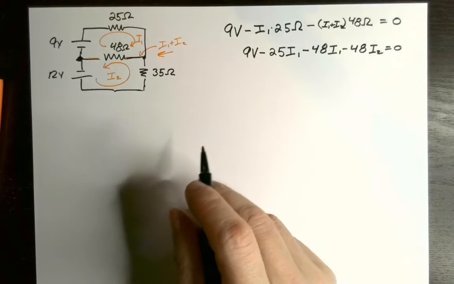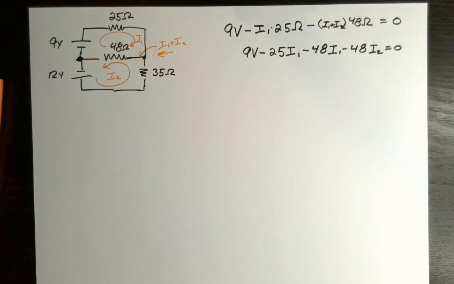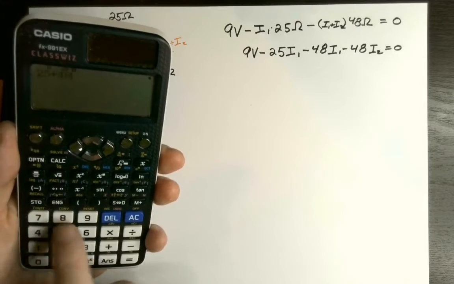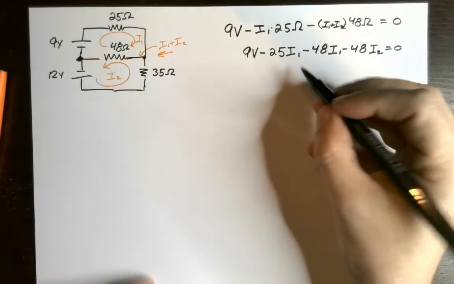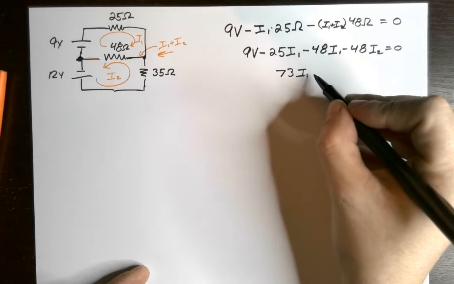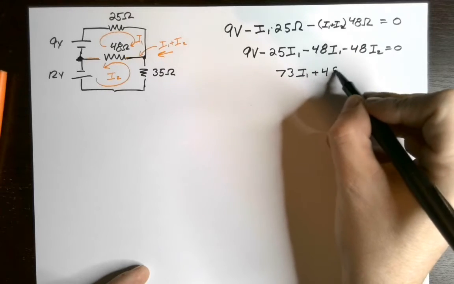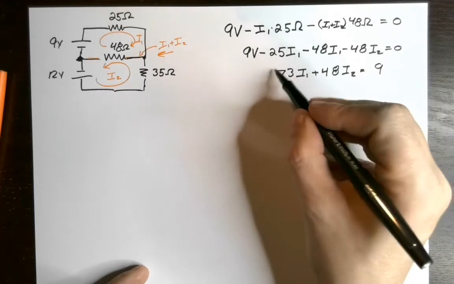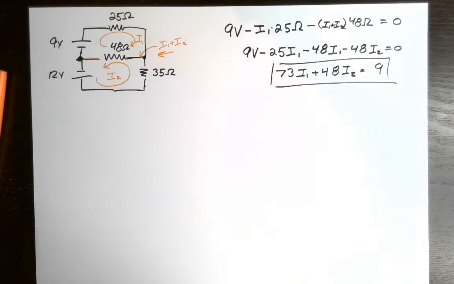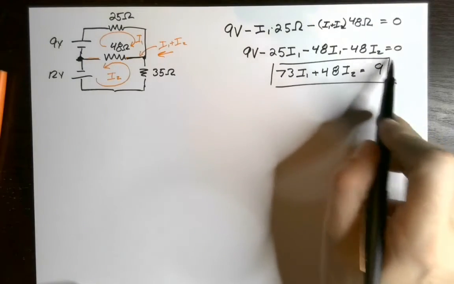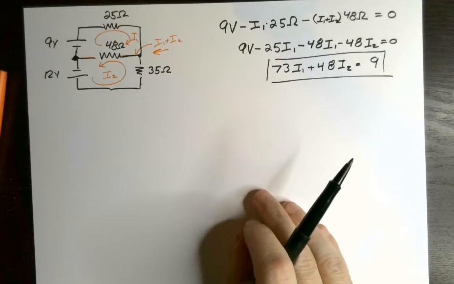Or if I prefer, I can combine those terms together, and I get, what's 25 plus 48? 25 plus 48 is 73. I get 73 I1 plus 48 I2 equals 9. Okay, so there's one of my equations. Everything's got a negative sign, and move the 9 volts to the other side. It has a positive sign.